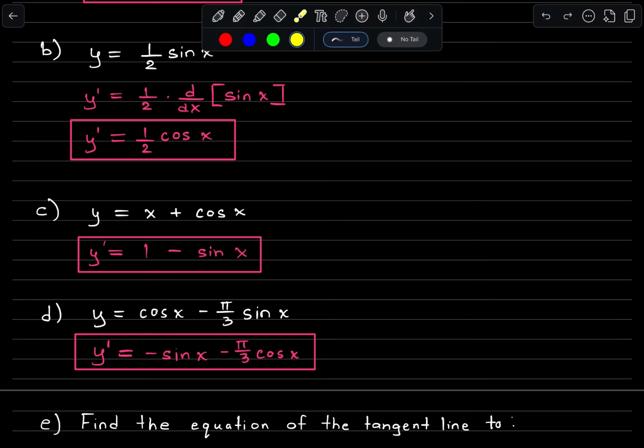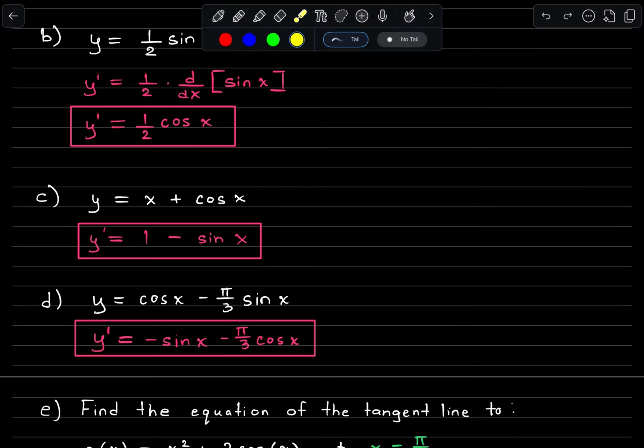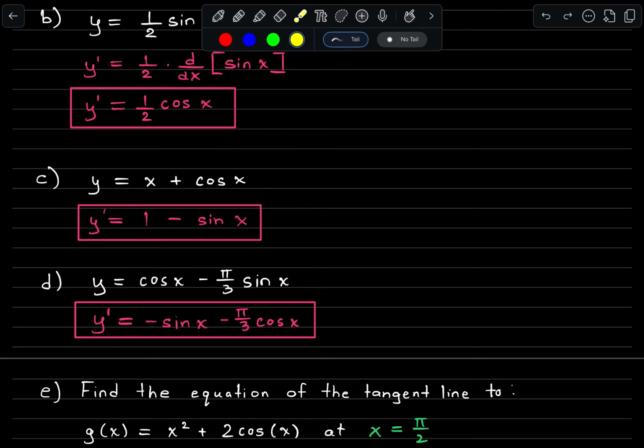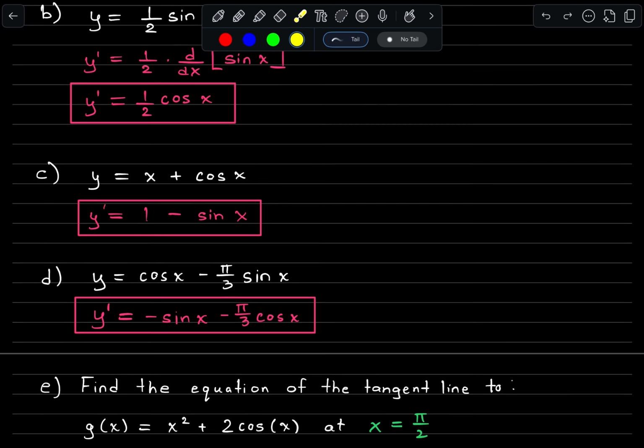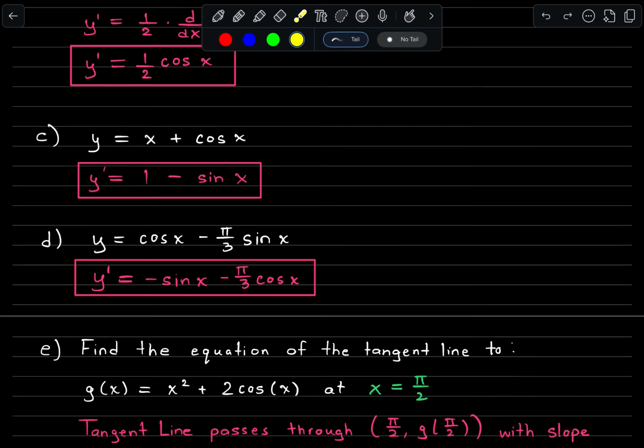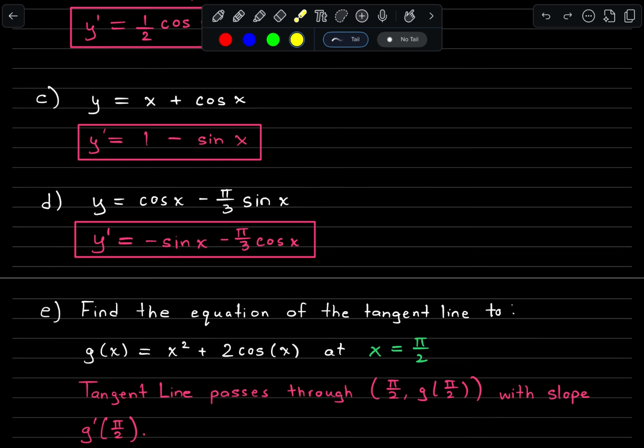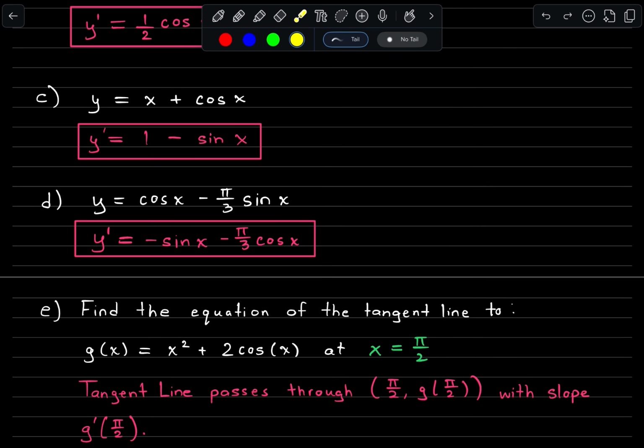Now let's suppose we had to find the equation of the tangent line to the following function. G of x is equal to x squared plus 2 cosine x at the given value for x, which is pi over 2. Okay? So let's think about what elements we need here. So the tangent line is going to be passing through this point, pi over 2, comma, g of pi over 2, right?